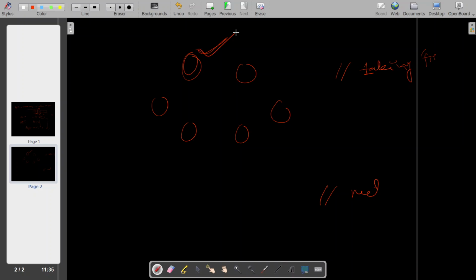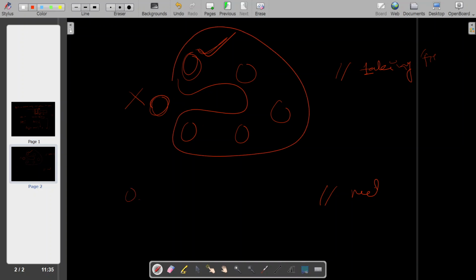If you are taking the first, you anyways cannot take the last one. So you assume the array we have is elements from 0 to n minus 1, and you always take the first element.